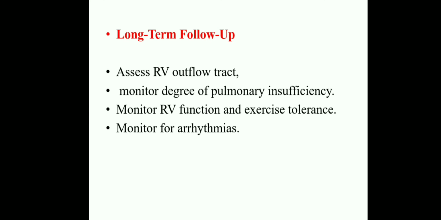You should monitor the heartbeat, whether bradycardia or tachycardia is there, and everything should be evaluated by ECG. Arrhythmias present or not, everything should be checked. So long term follow up is needed for children with TOF.